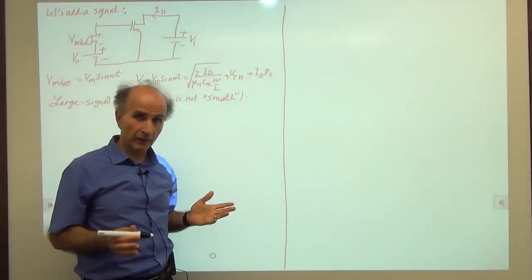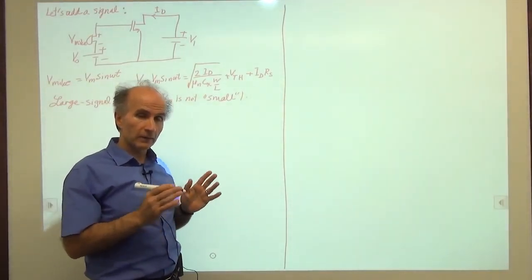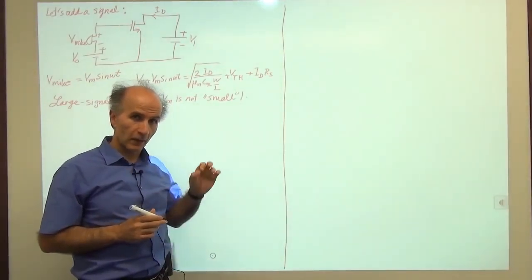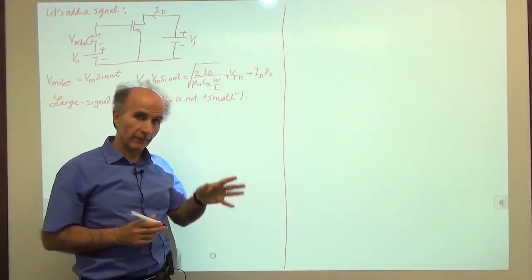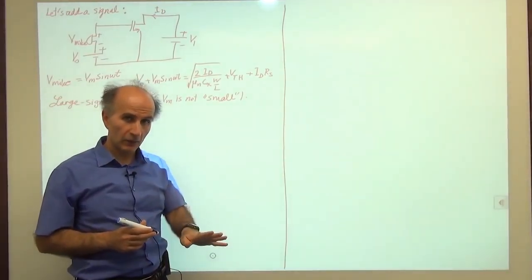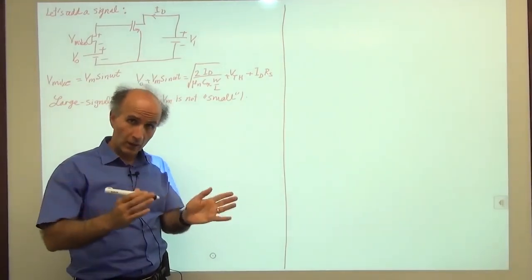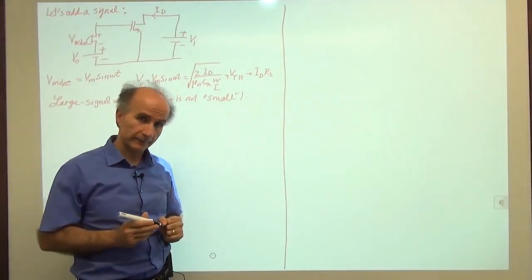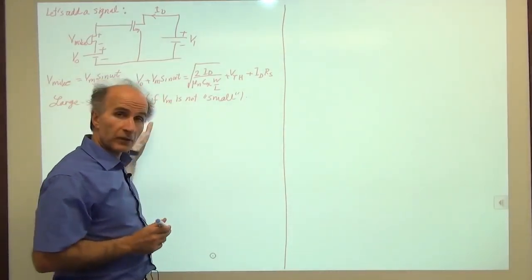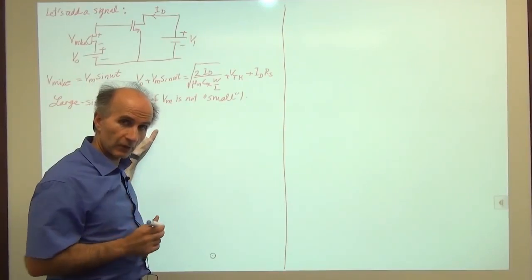If we haven't specified anything, we continue to use the complete model of the MOS device, which is ID equal to 1/2 mu n C ox W over L times VGS minus VTH squared. Now, if you want to include channel length modulation, then times 1 plus lambda VDS. All right, so by large signal operation, that's what we mean. The signal is coming in. We don't have any particular limit on it.